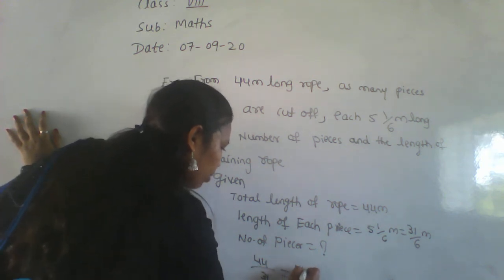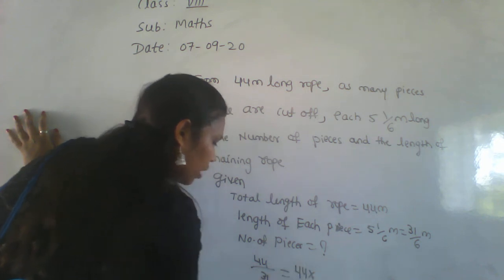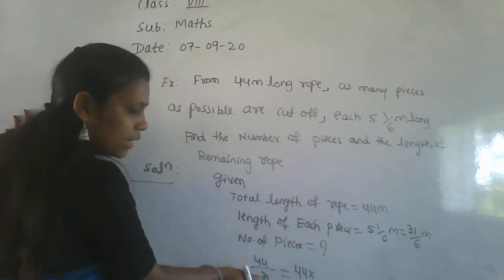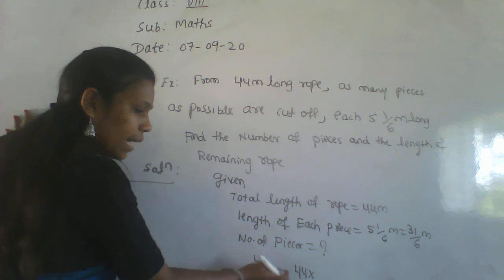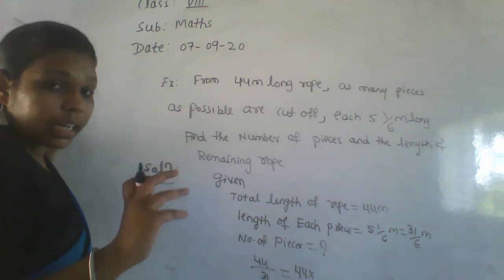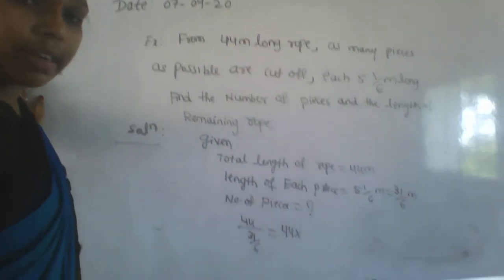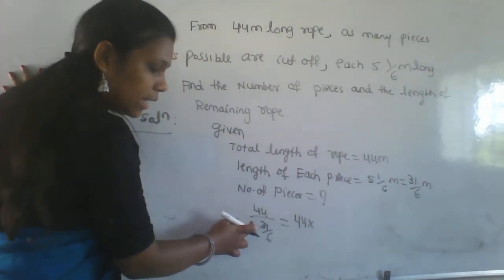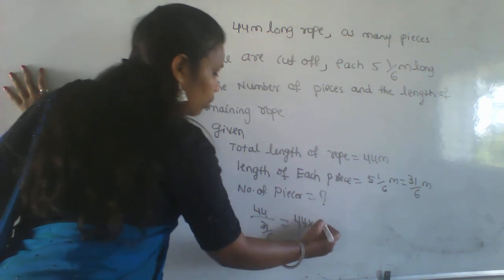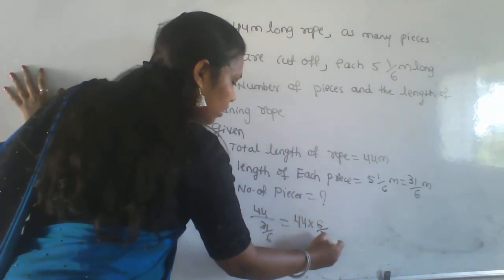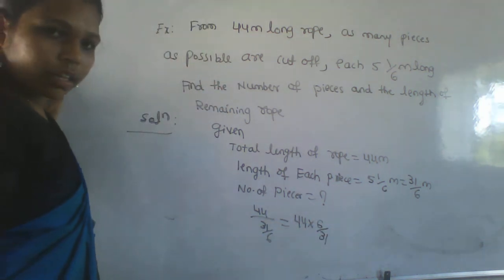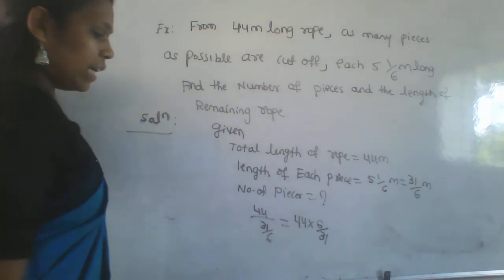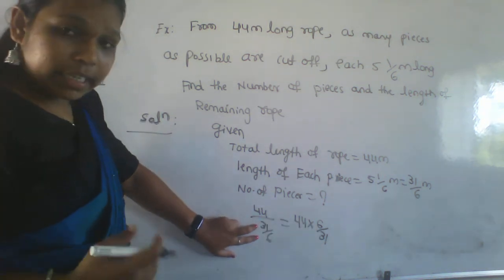What will it become? If that is in a denominator, while taking it to the numerator we have to reverse the numerator as well as the denominator value. That is 44 by 31 by 6 will become 44 into 6 by 31. Here it is a division.